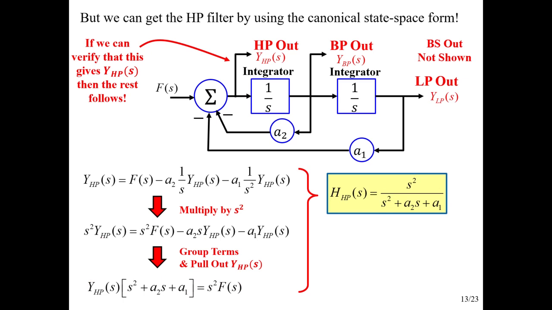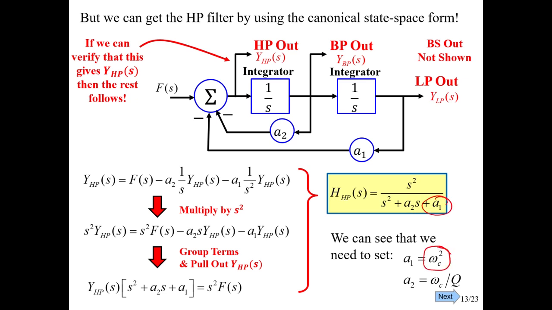Well, okay, it's not technically high pass until I set these to the right values that we saw in our study of classical second order filters. And there we saw that A1 had to be set to omega c squared, and A2 was set to omega c over Q. And remember, Q was that quality factor.